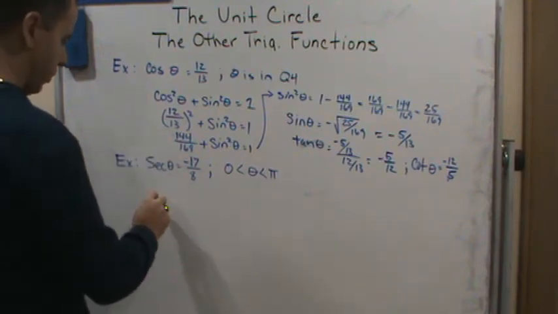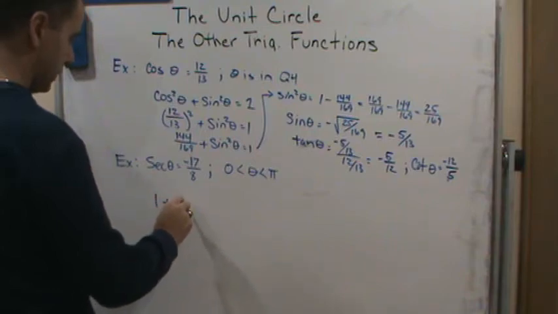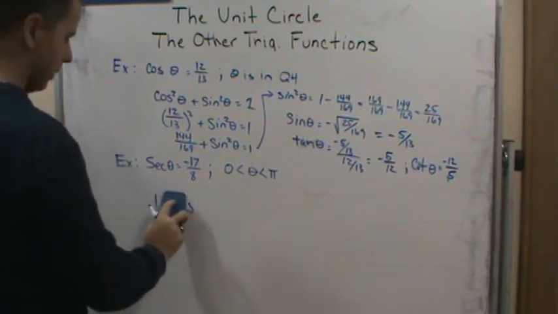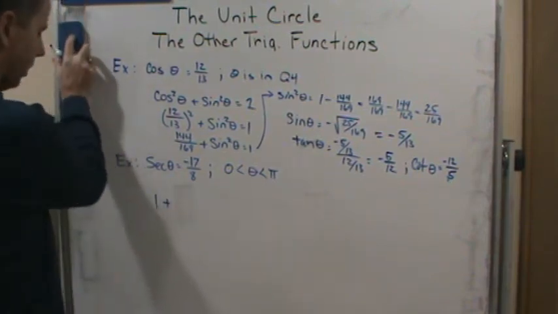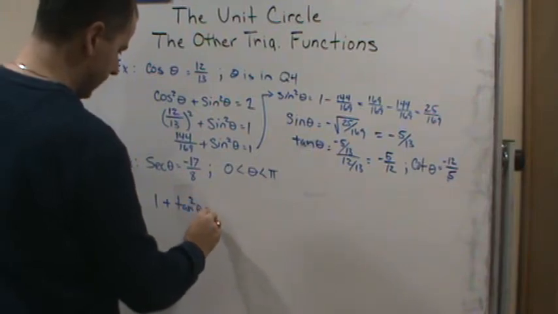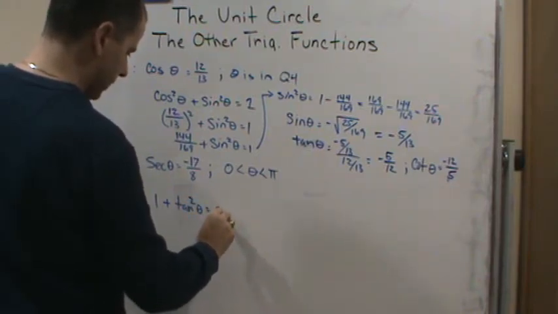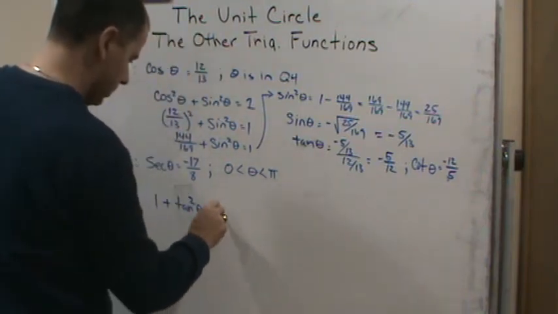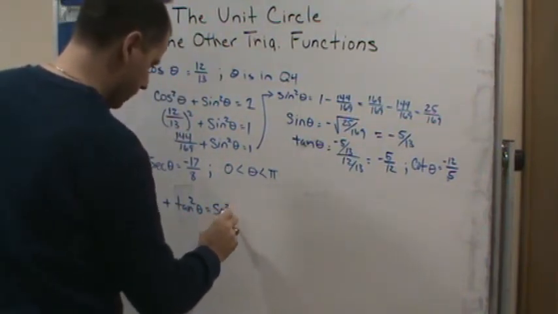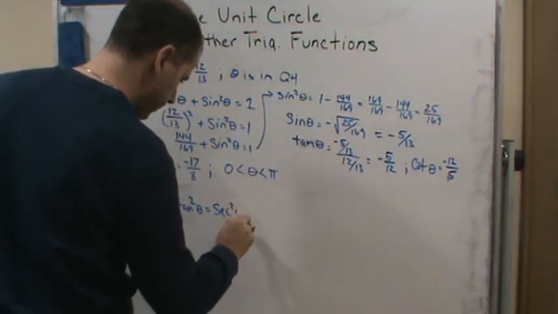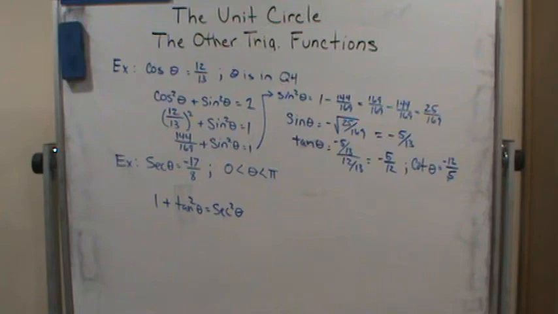And that's going to be the fact that I'm dividing everything by cosine. So that's going to be 1 plus tangent squared theta equals secant squared theta.